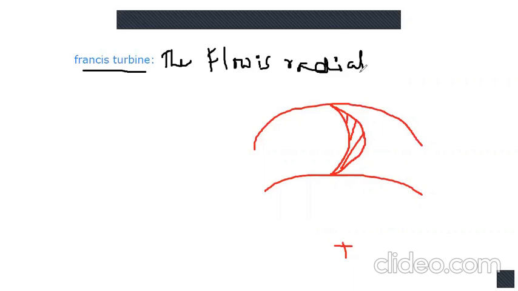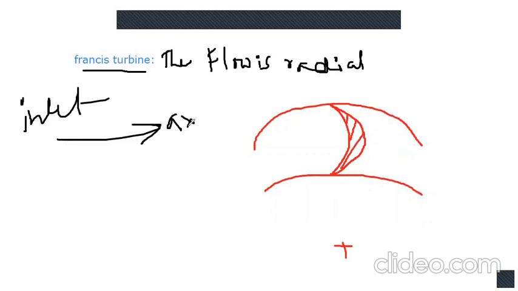One mistake: I told you just the opposite concept. The flow at the outlet is axial, and it leaves the turbine radially. Okay, just opposite.